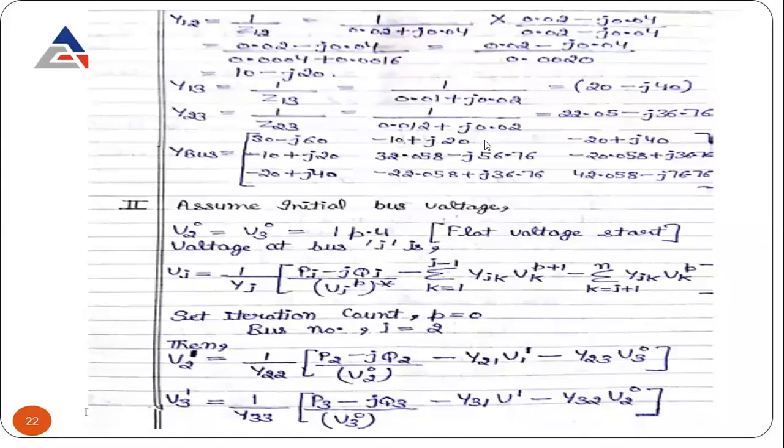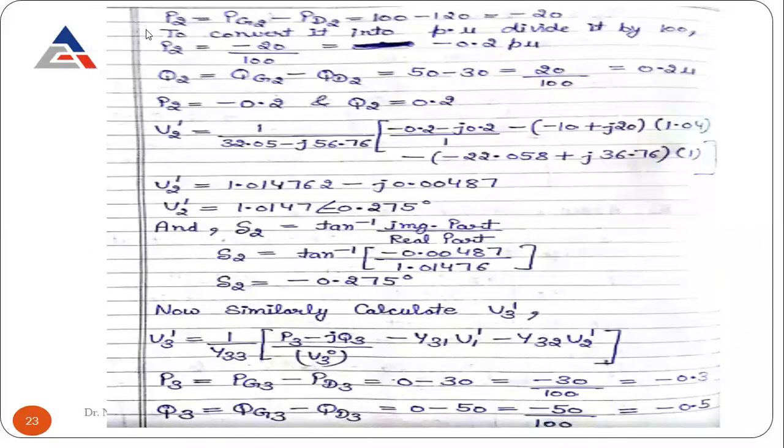Before doing all the calculation, we must know the values of P2 and Q2, P3 and Q3. We know that P2 is equal to PG2 minus PD2, the generated power and the demand power at bus number 2.